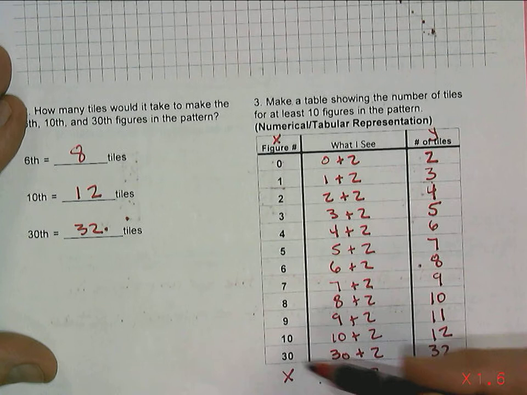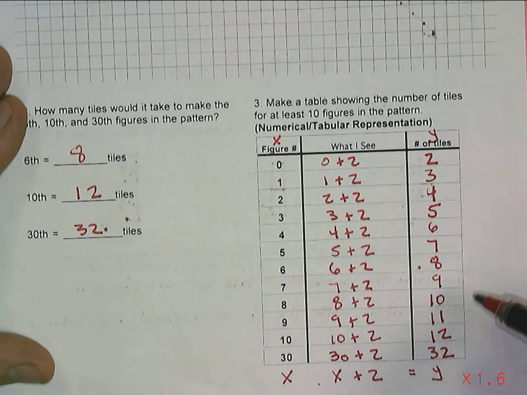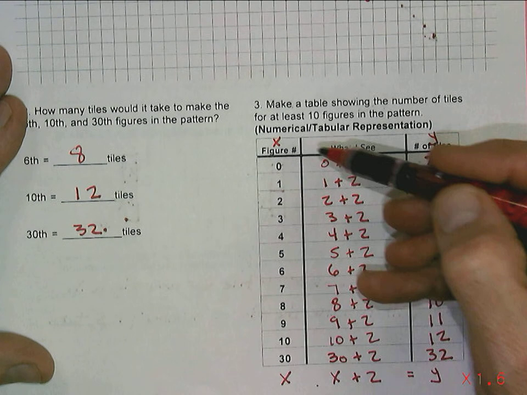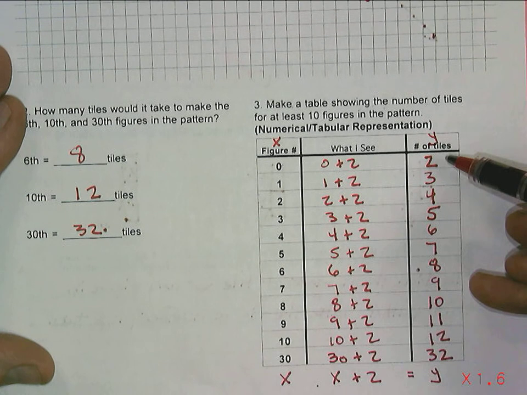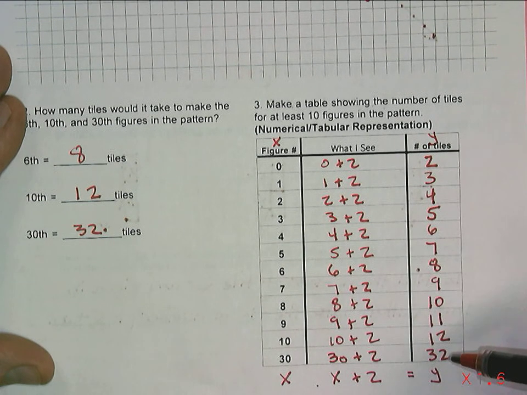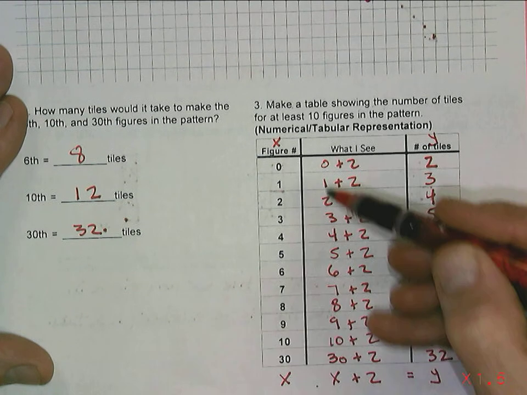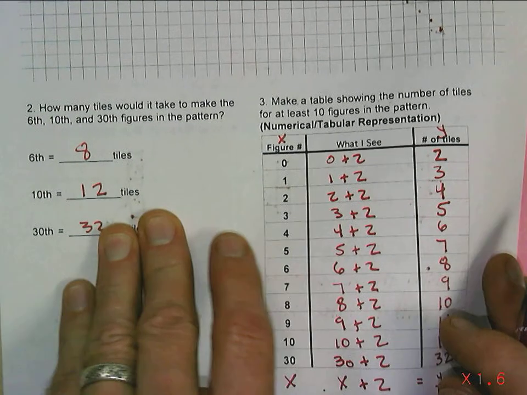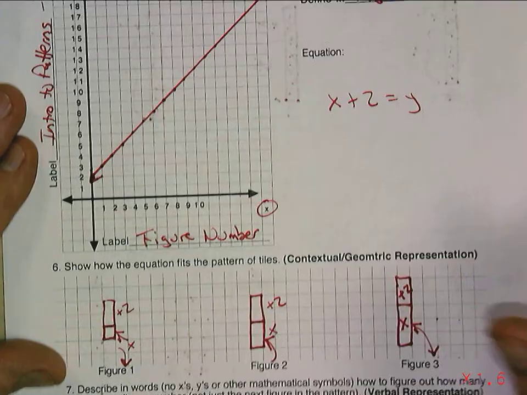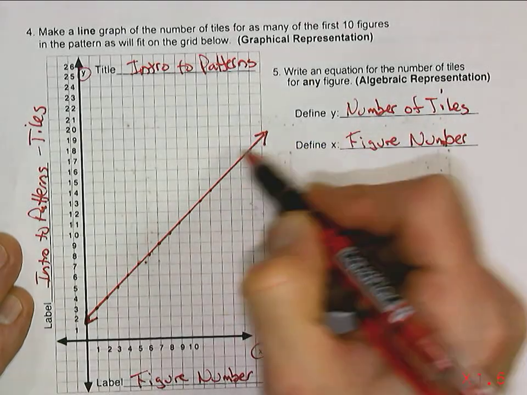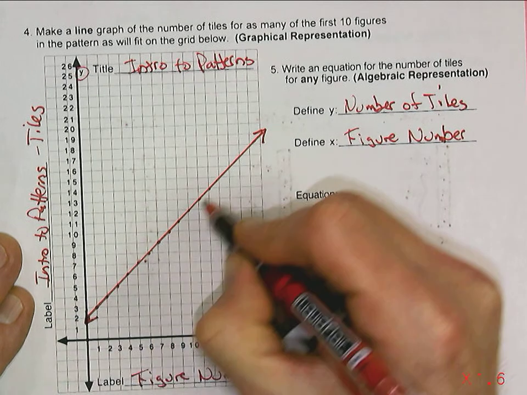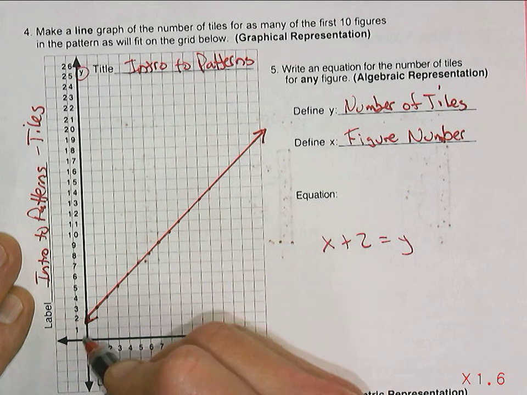So the first way we have is this numerical tabular way, where we start with each of these representations and we can compare them to the number in each figure. So our tabular numerical representation is the first way. We have a graphical representation where we make a graph of the pattern. So this is what the pattern looks like in terms of how it's changing and growing.